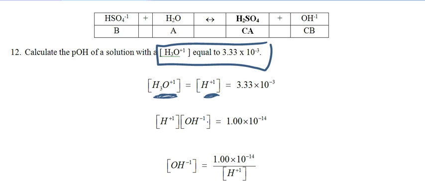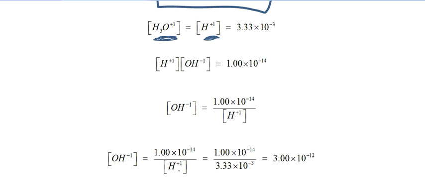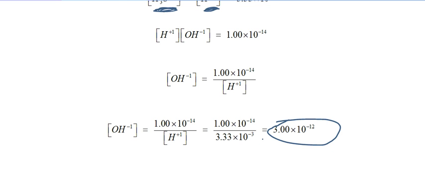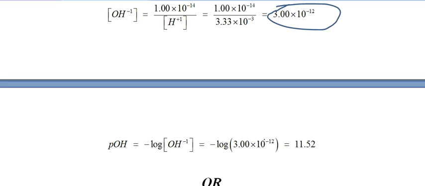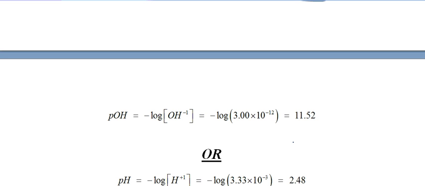Since we know what the hydrogen concentration is, let's rearrange the variables so that we get the unknown all by itself. Plug in what we know, and again, this is just one way. So we know that our hydroxide concentration is 3.0 times 10 to the -12, and then since we're just looking for the pOH, we can take our negative log of the hydroxide concentration and we get a value of 11.52. Now admittedly, this is the longer way of doing it, which is okay.